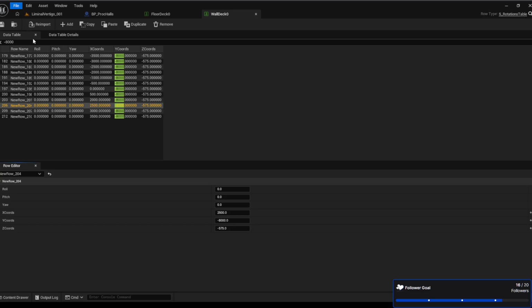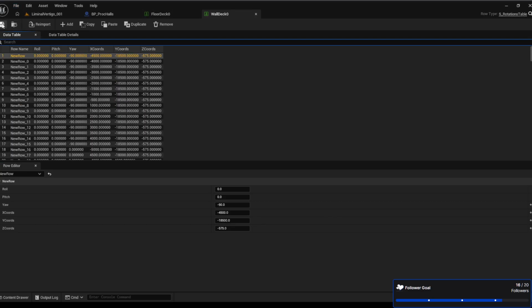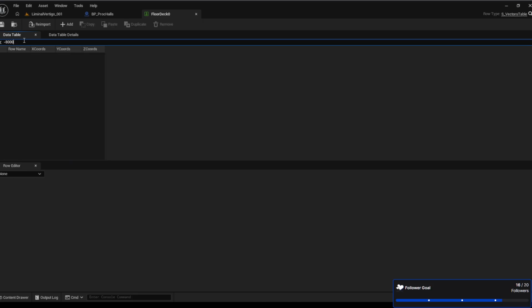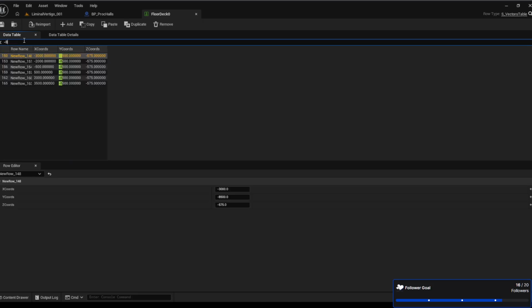Okay. Now I do the floors. The floors are at, let's start with 8000. Okay, there's nothing, so that means it starts at 8500.